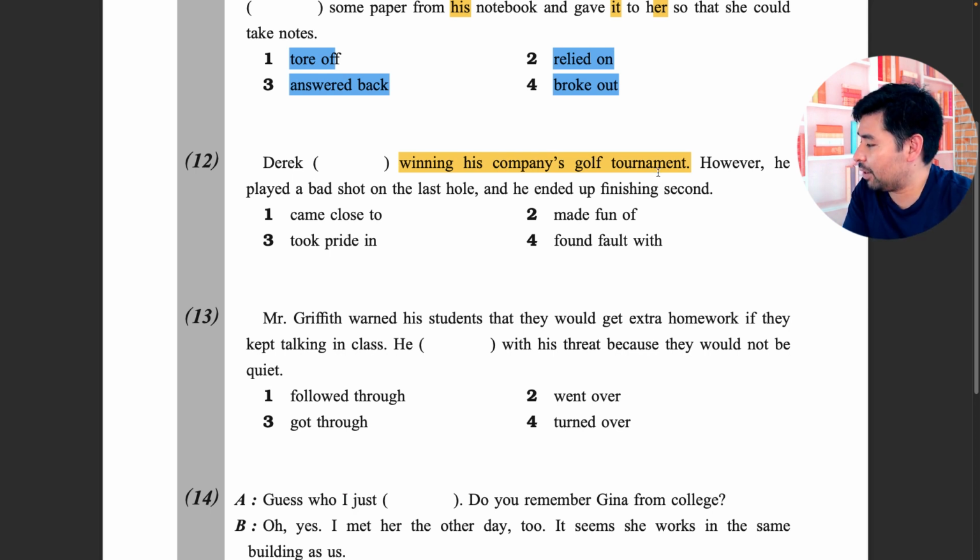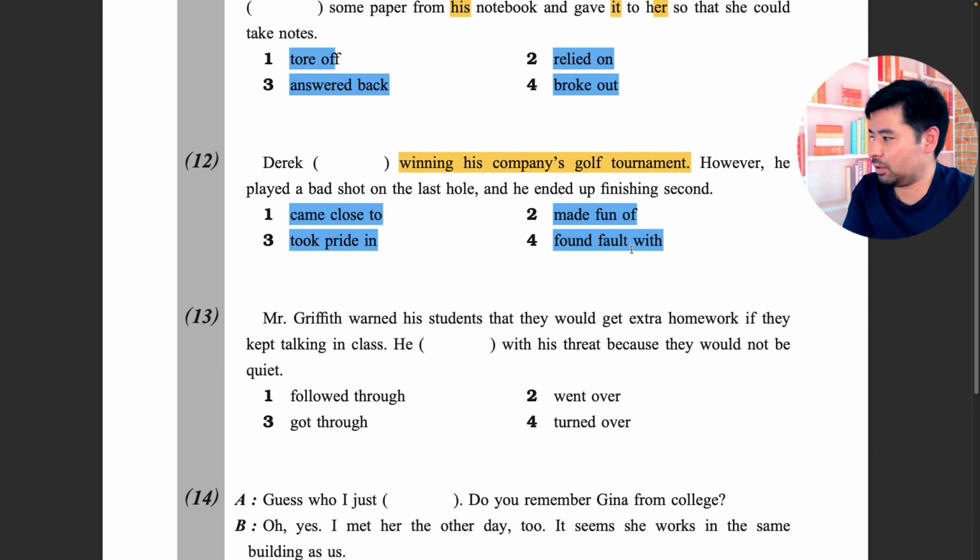However, he played a bad shot on the last hole, and he ended up finishing second. So maybe Derek came close to winning his company's golf tournament. He made fun of winning his company's golf tournament. He took pride in winning his company's golf tournament, or he found fault with winning his company's golf tournament.